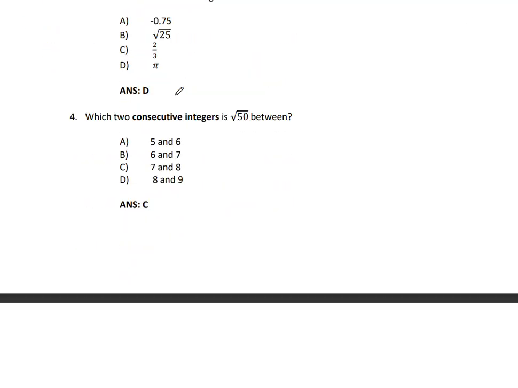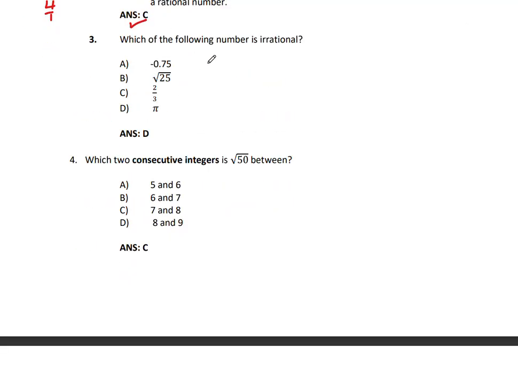Now let's turn our attention to number 3. It says, which of the following numbers is irrational? Remember, from my earlier definition, irrational numbers are numbers that cannot be expressed in a fractional form, P over Q. P over Q is a fractional form, and this is the form that rational numbers can be expressed in, where the denominator Q is not equal to 0.